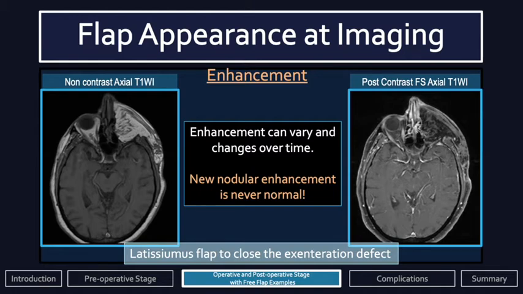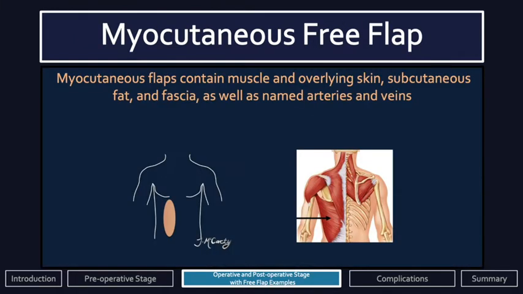There should not be nodular enhancement, and the flap should not increase in bulk. Anytime a flap increases in bulk, you have to worry about a tumor recurrence or infection.